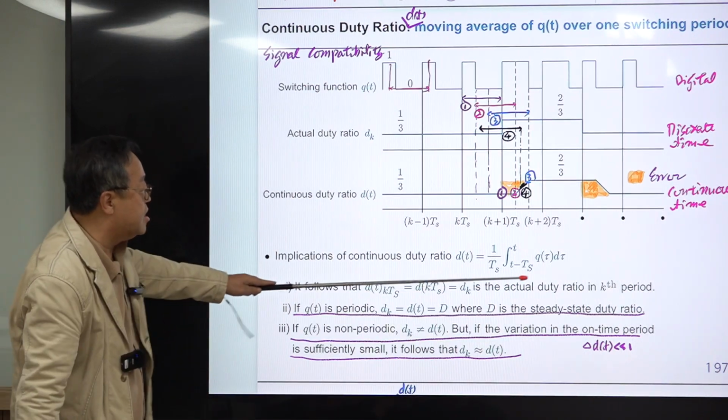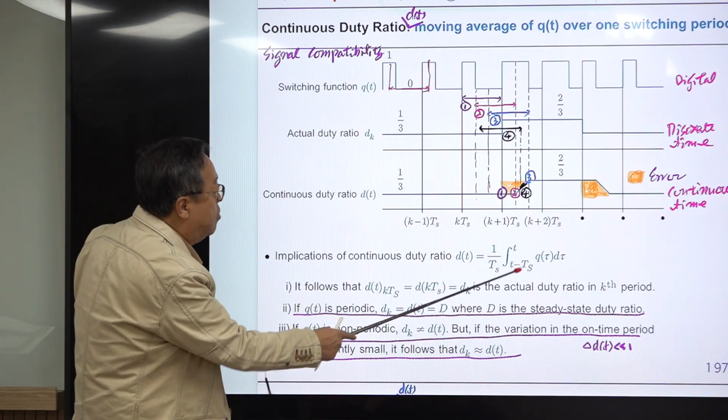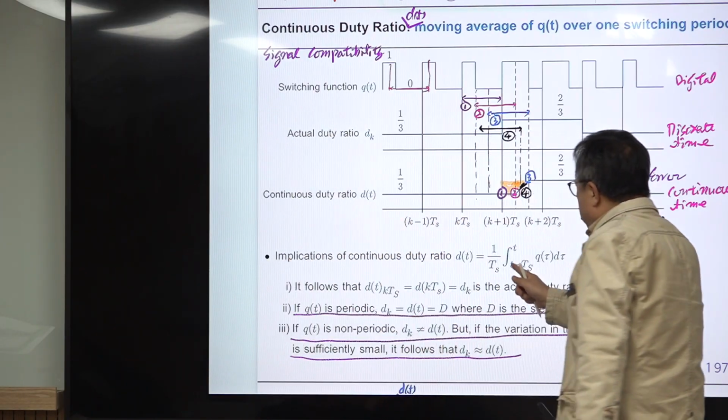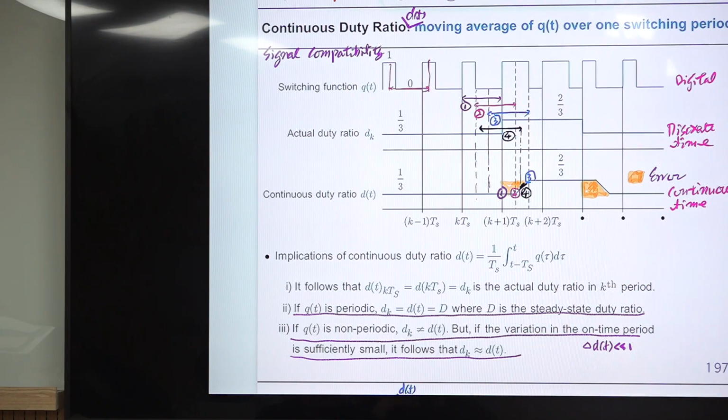So we perform this operation, shown here. The integration period is from t minus ts, and the upper bound is t. You could use just t here, or t plus ts, but we are using this. That means you are looking back when evaluating the duty ratio.